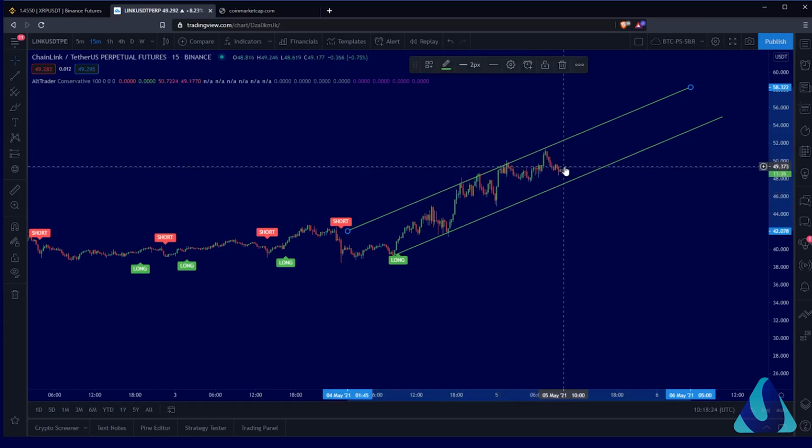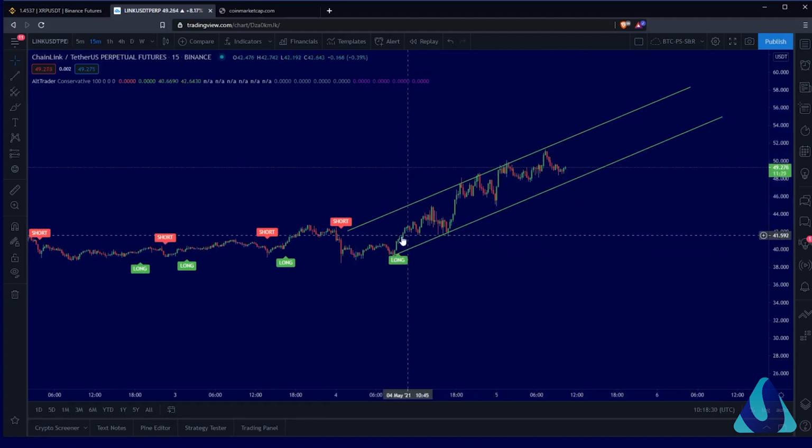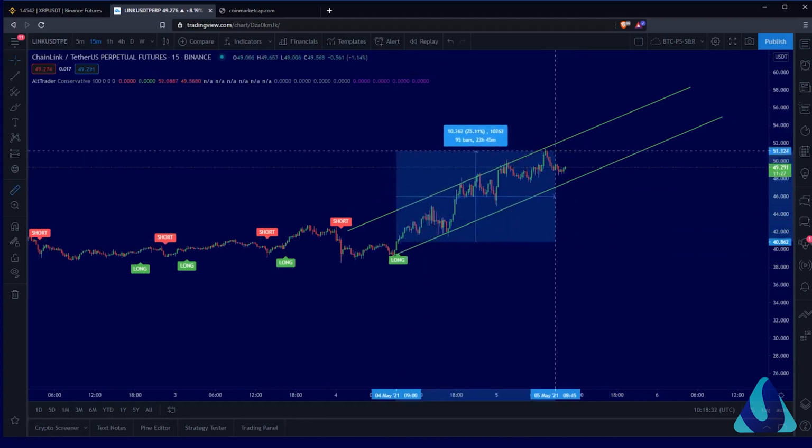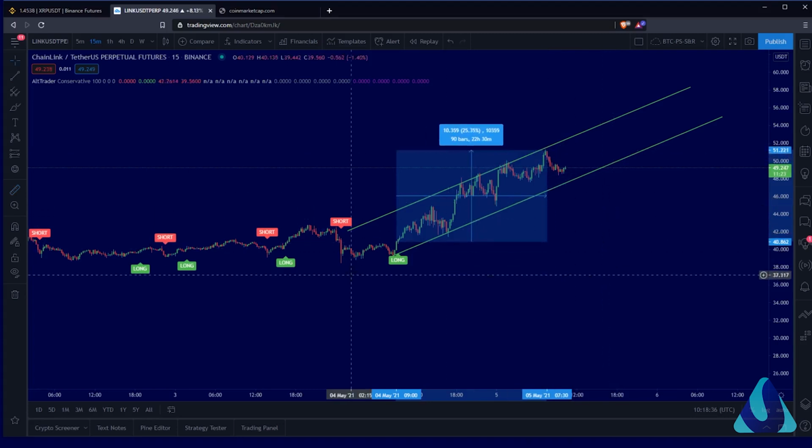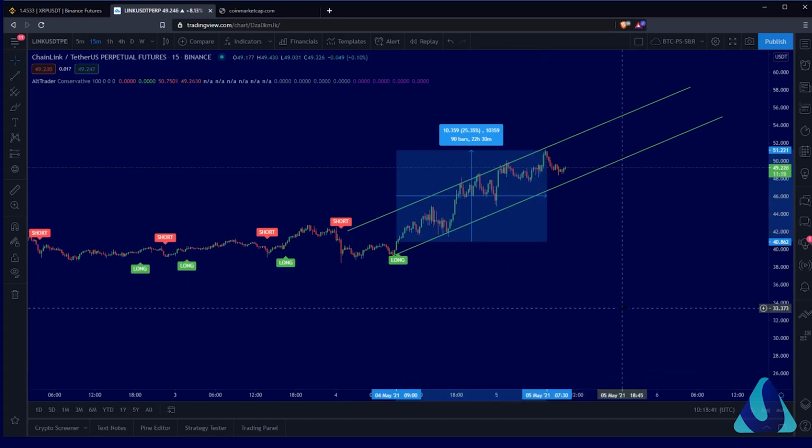it can't break through. So what we might see now, I mean, this long is around about here, came in, so this long gave us a position of up to 25% move in a day. So let's just look, 4th of May 9 AM, 5th of May 7:30.